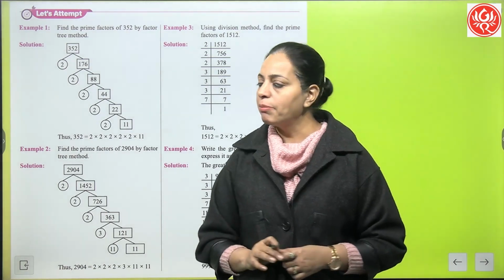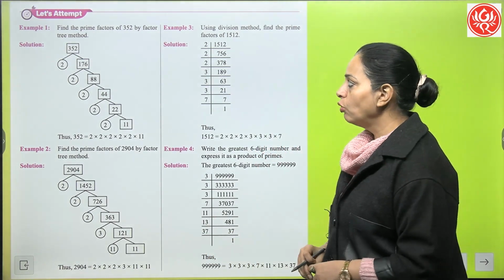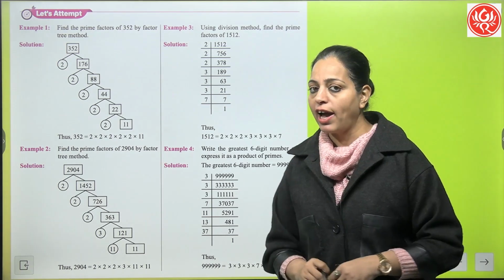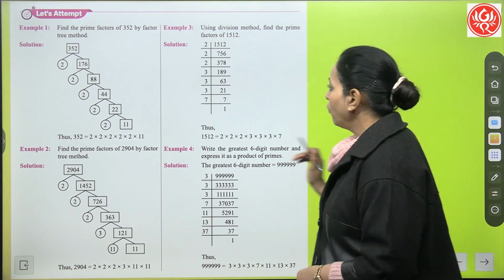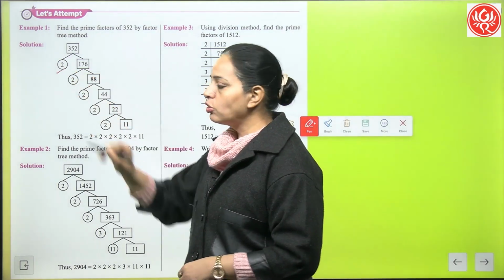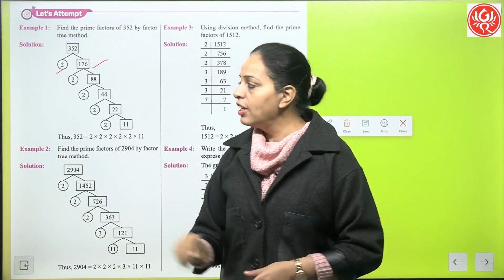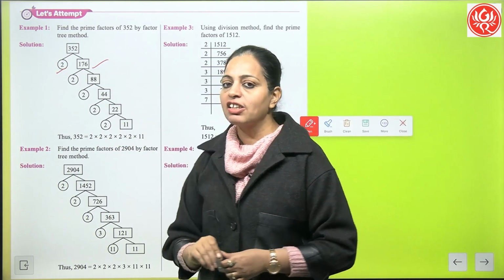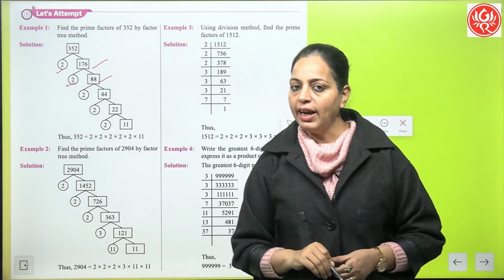Now let us attempt some examples. Example 1. Find the prime factors of 352 by the factor tree method. So what to do? 352 is divisible by 2. So 2 and 176. Now 176 is divisible by 2, so 2 into 88.